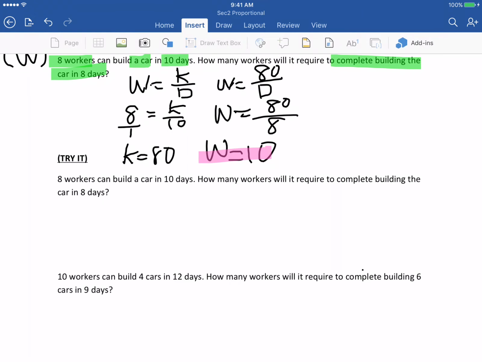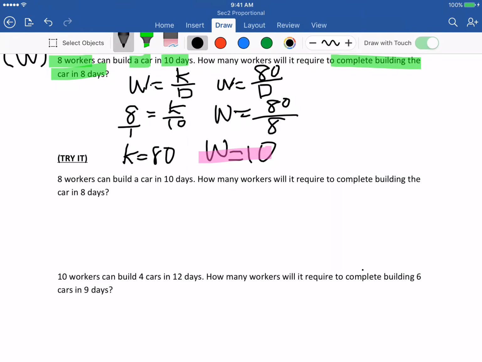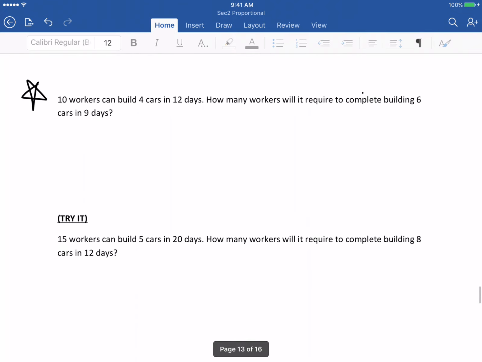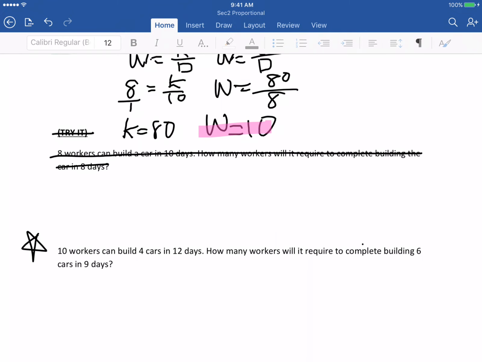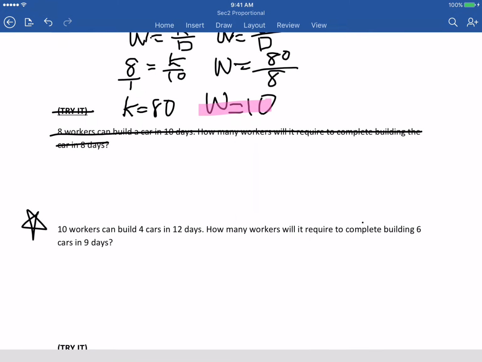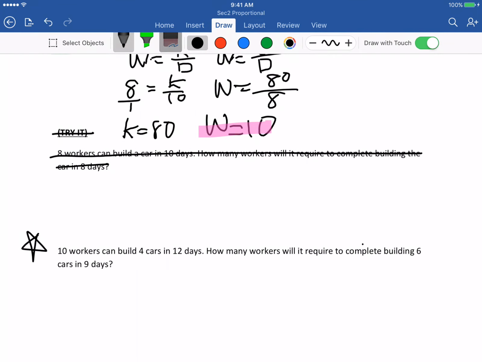Okay, skip this question. Skip this whole question and do this instead. Try it yourself. Pardon me, wait, I'll make some amendments now. Sorry.